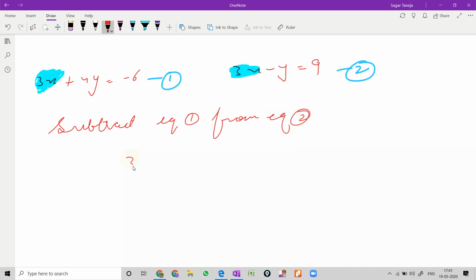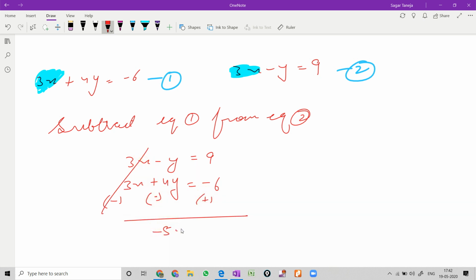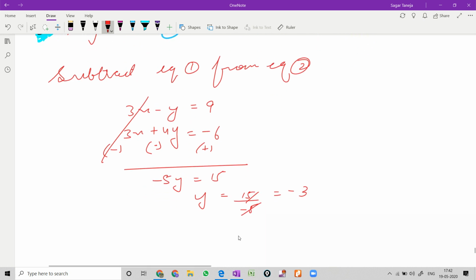Equation 2 I am writing, 3x minus y equals to 9, and 3x plus 4y is equal to minus 6. Sign changes in subtraction, 3x cancels out, and here minus 5y is equal to 15, and y is equal to 15 upon minus 5, which is equal to minus 3. So the value of y is minus 3.